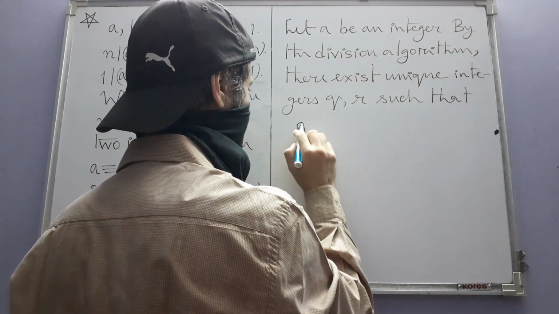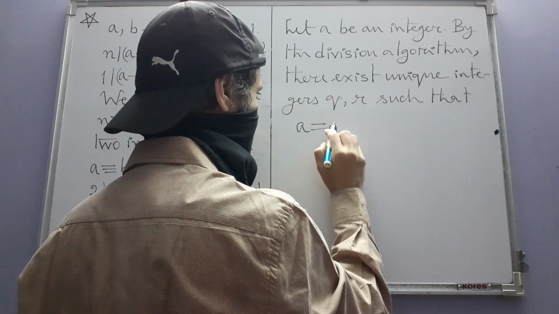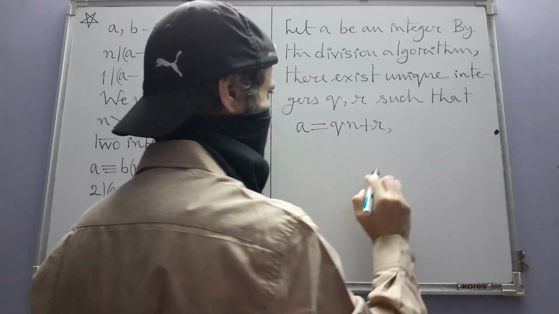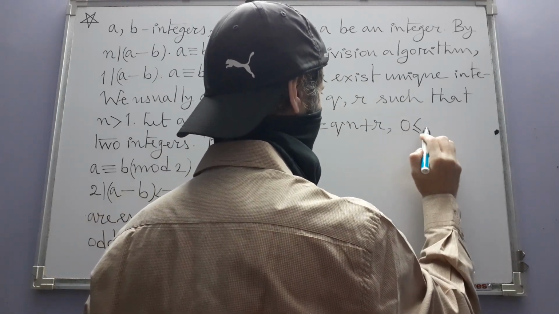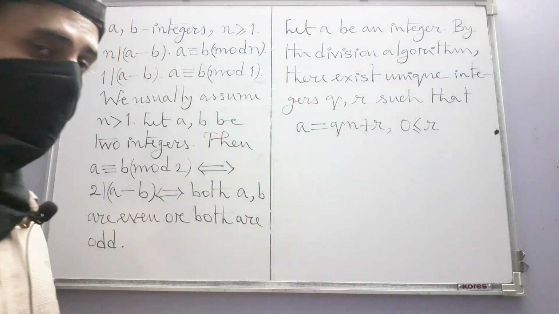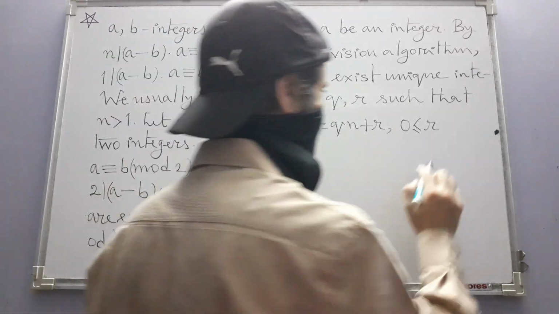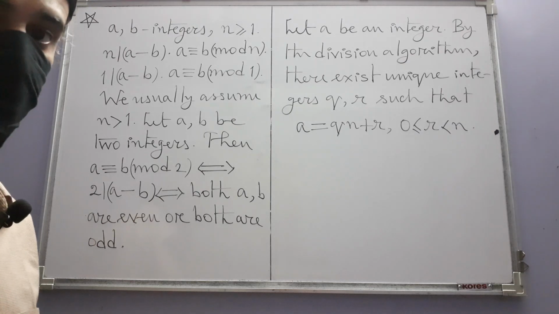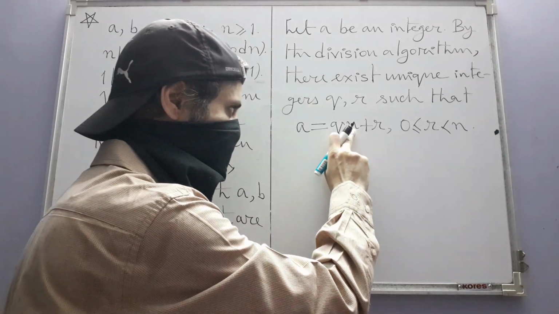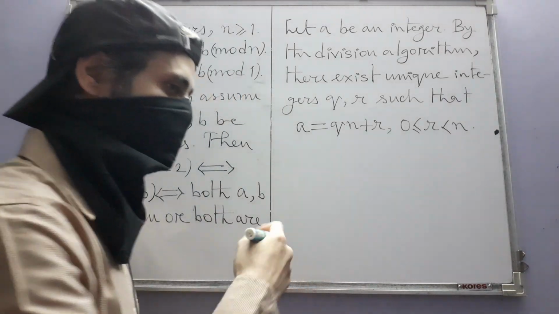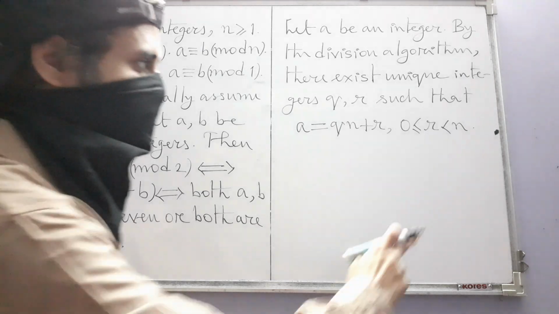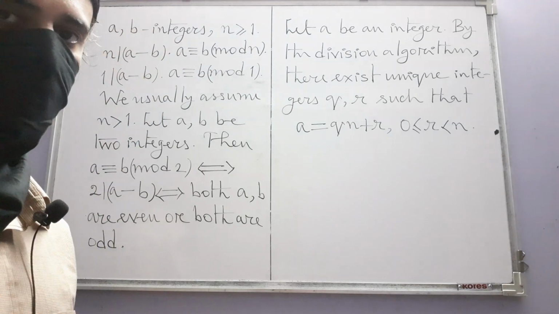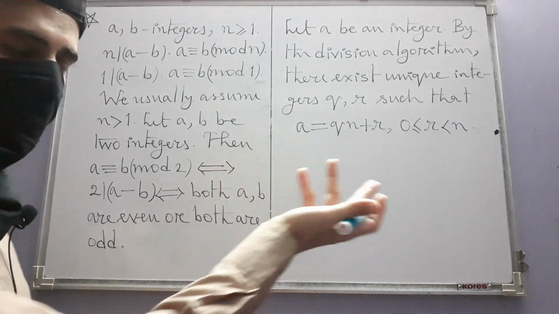That means you get this equation, a equals qn plus r, and you also get these inequalities. You know that the remainder is a non-negative integer, and also it's less than the divisor, provided the divisor is positive. If there is a possibility that the divisor may be negative, here you do not write simply the divisor, but its absolute value. But for us, n is positive, so we can write like this.